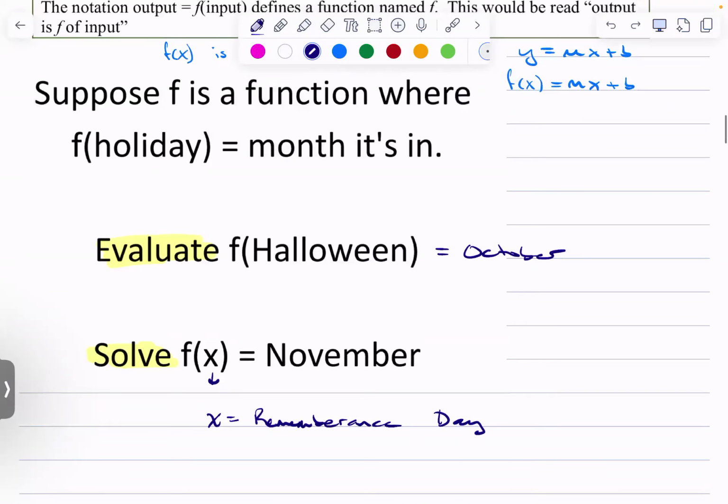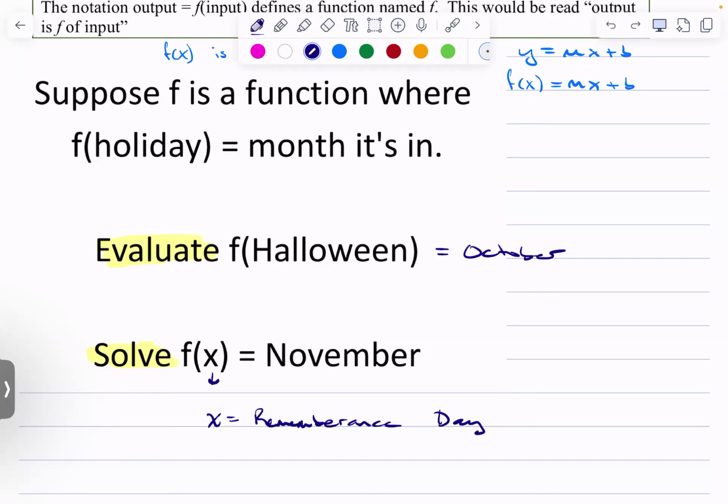So imagine if these words weren't here. You knew what to do. You saw f of Halloween, so it must be looking for the output. And then you saw f of x is November, so it must be looking for the input. And so that's the difference between evaluate and solve.